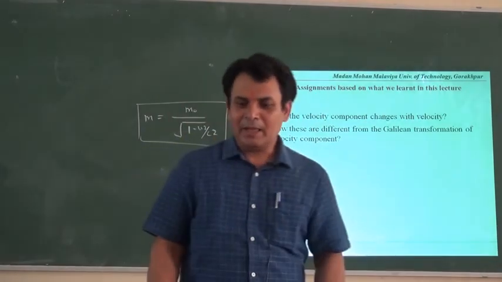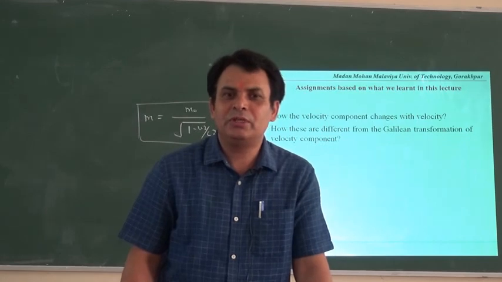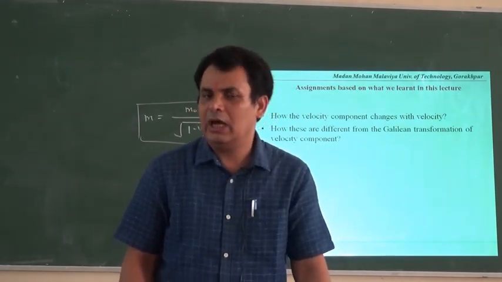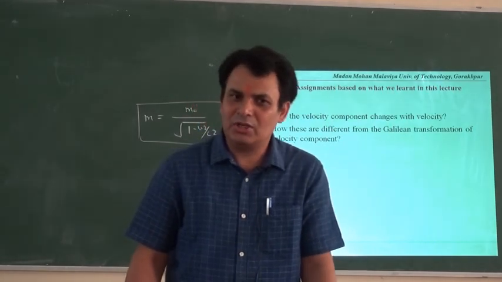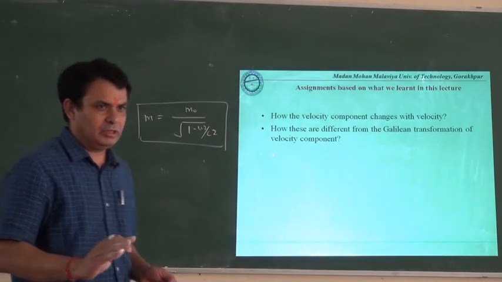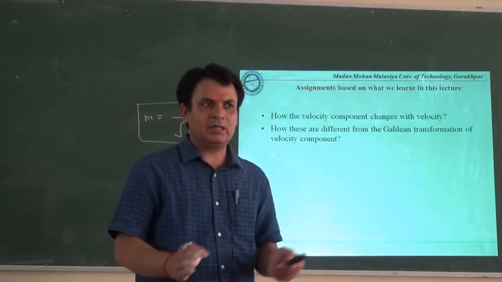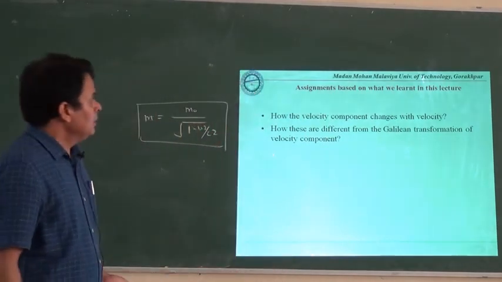Here in this expression, you have to compare the velocity addition equation suggested by Galileo with what is observed under the Lorentz transformation equation, and how these vary by taking the concept of the special theory of relativity.